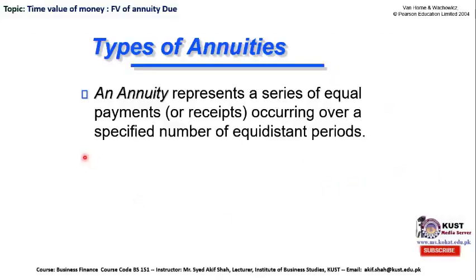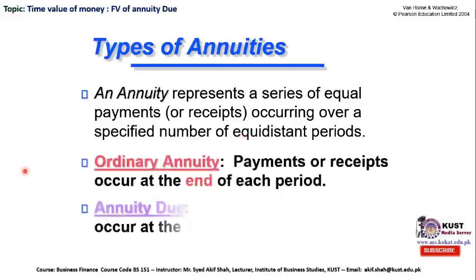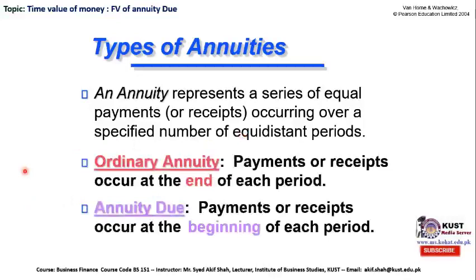As we have explained and defined, an annuity represents a series of equal payments or receipts occurring over a specified number of equidistant periods. And then we have explained that there are two types of annuity. One is known as ordinary annuity. If the payment or receipt is occurring at the end of each period, then it is known as ordinary annuity.